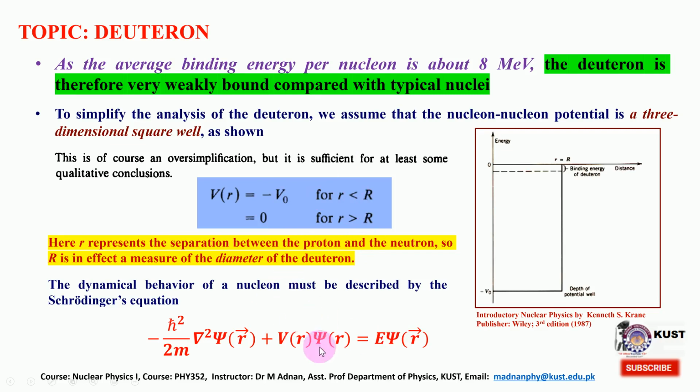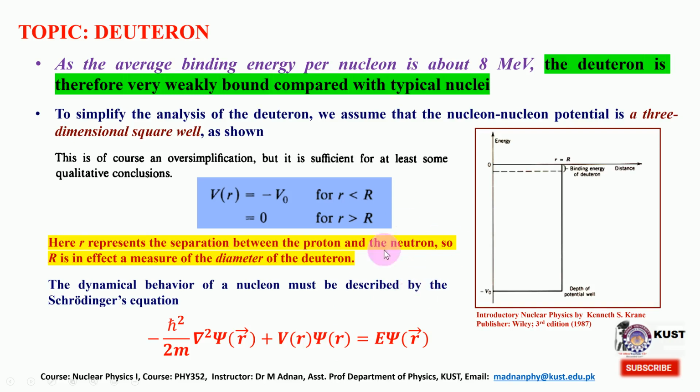That will make the solution to this differential equation, the Schrödinger equation, simpler. Once we are talking about a central potential, the potential depends only upon the radial part, and in a spherically symmetric potential, phi and theta will not affect the nature of this wave function, but rather will be constant.